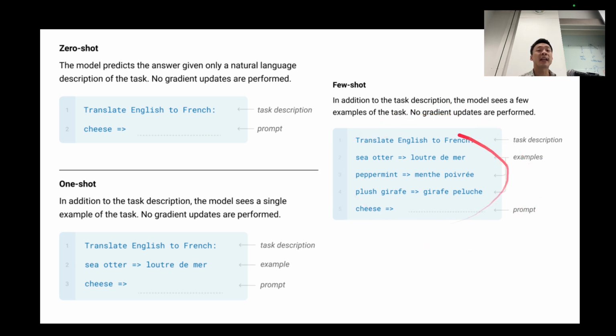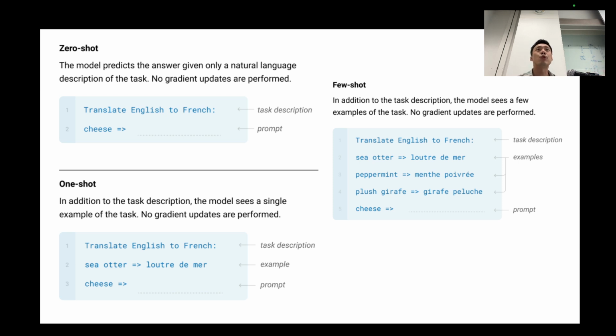And few shot learning is an extension of one shot learning. So instead of giving it just one training sample, you give a few. So we call that few shot learning. And once again, if you say few shot learning, you assume that you don't perform any gradient updates. So you don't change the parameters at all, which is so strange, right? Earlier today, when you trained RNN, you had to compute all that gradient backpropagation, right?